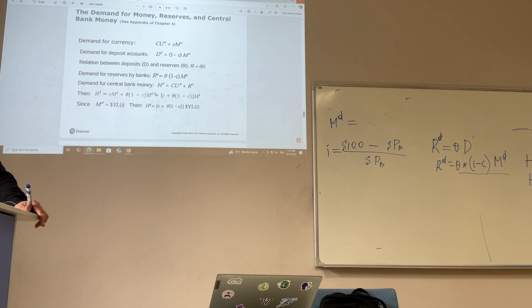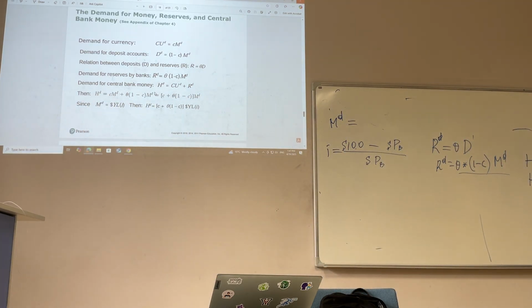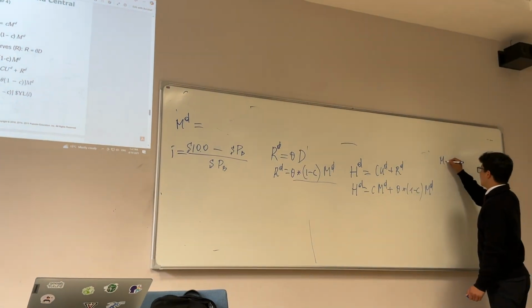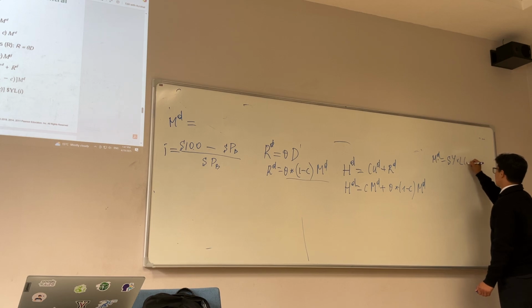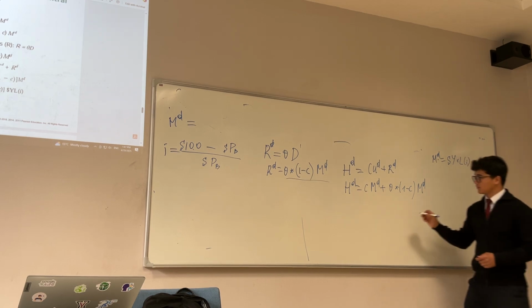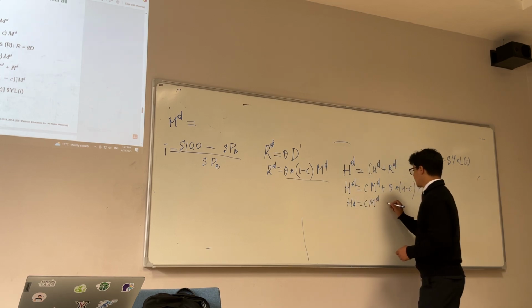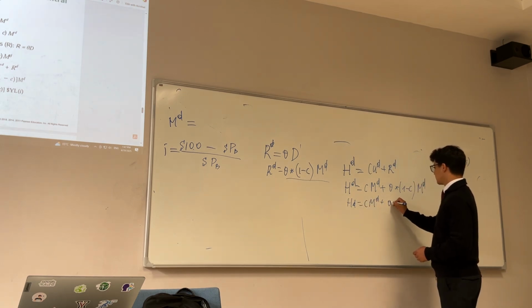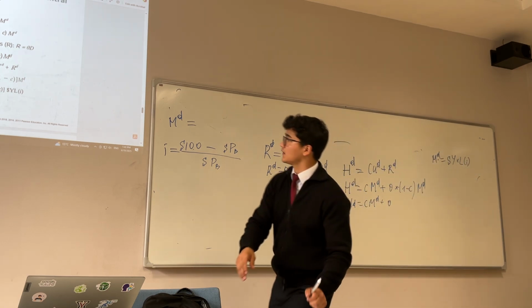Now we need to find the money multiplier. Again, they're plugging MD into it. We have MD equal to $Y L interest rate, and we will plug in HD, C MD plus this thing. First, take out the brackets. MD becomes the bracket, right? They did it like this.